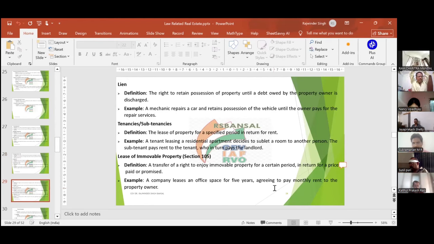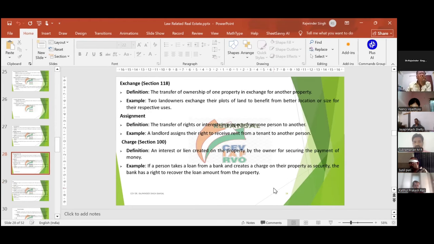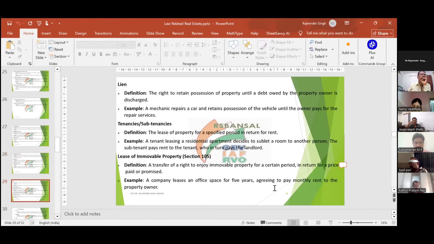Then lien, the right to retain possession of the property until a debt owed by the property owner is discharged. That is lien. So see the difference between charge and lien. Charge means an interest created, that if the loan is not repaid, the person who has given the loan has the right to sell the property and recover the loan from the property.